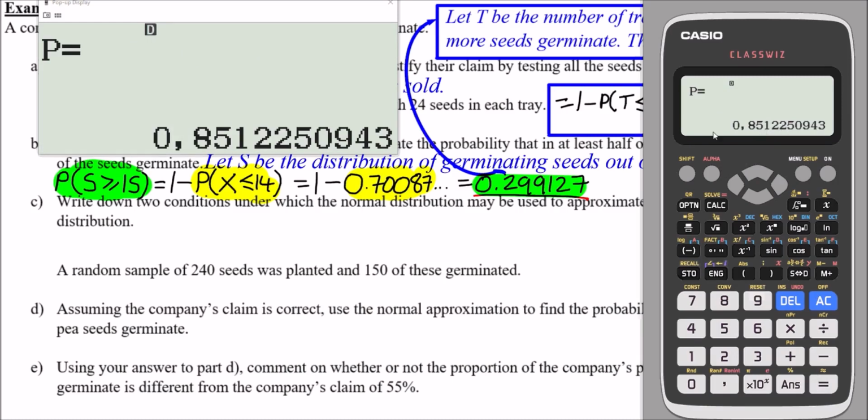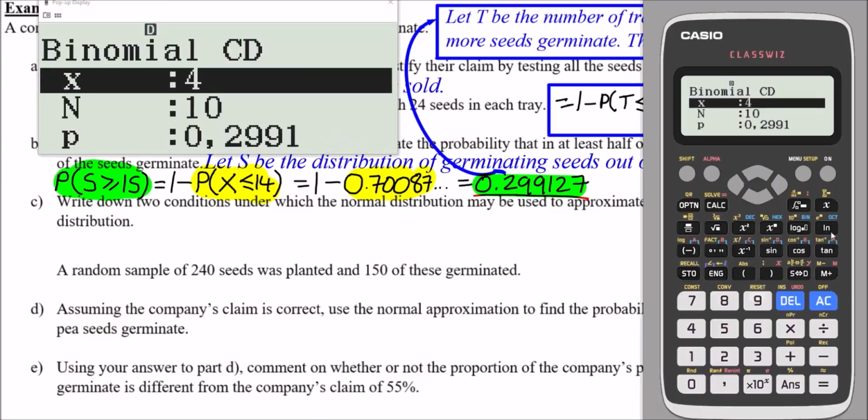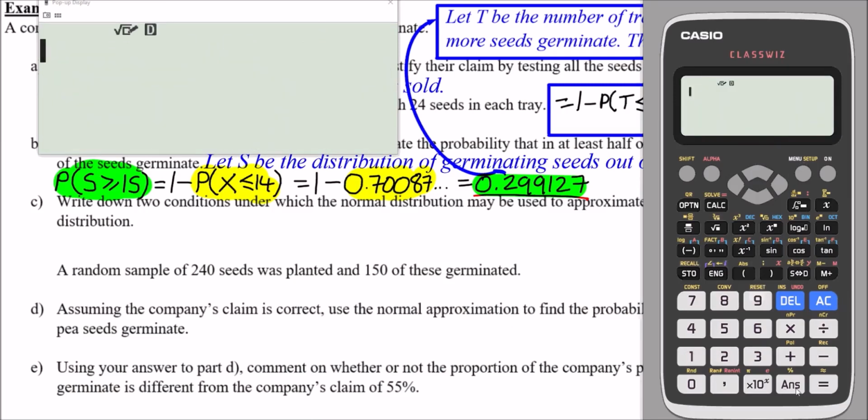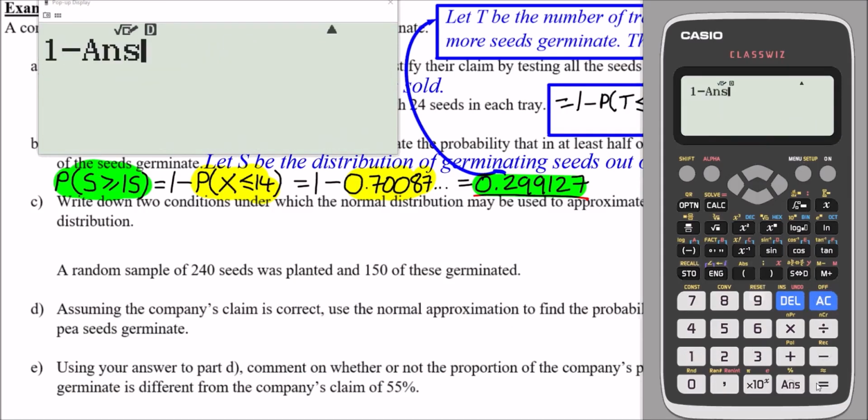That's not the final answer though. That's what we're subtracting away from 1. So 0.8512 and so on. So if we just calculate this finally, menu 1, again this answer will be stored as such. 1 minus our stored answer gives us 0.14877.